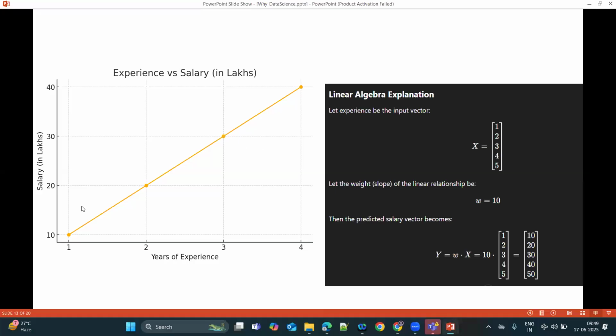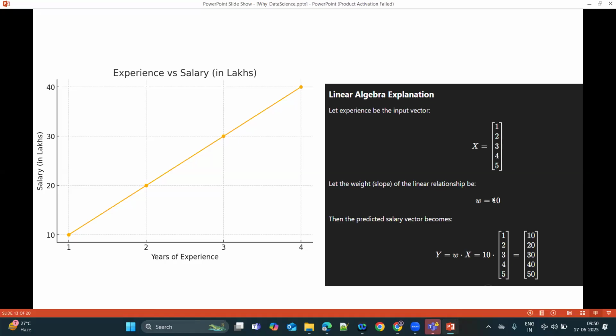And if you plot a graph, my equation is y equal to mx. Let's take here the w would be the slope. Okay, weight is slope. Here I will be taking weight as 10. Okay, 10 would be my slope. And 1, 2, 3, 4, 5 would be my years of experience.